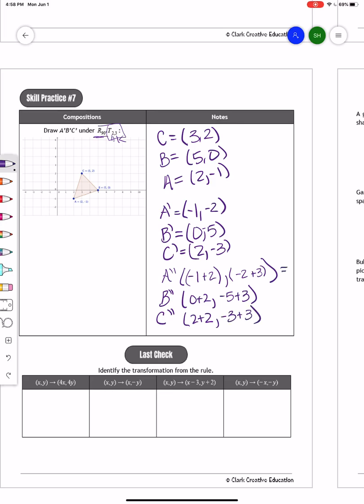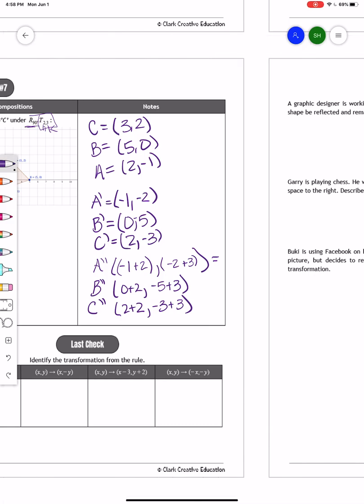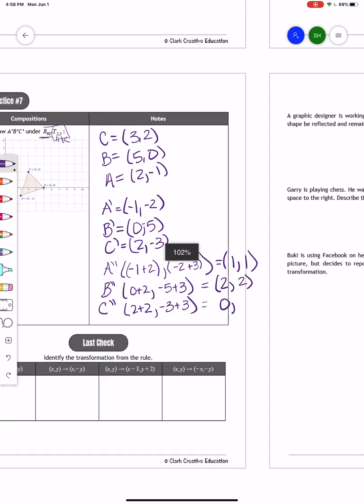Our new points are going to be 1, comma 1, 2, comma 2, and 4, comma 0.